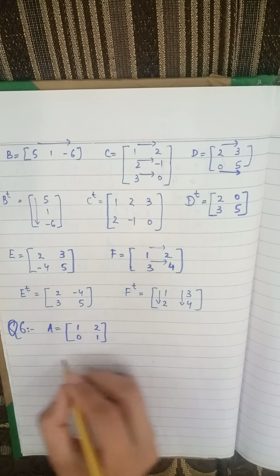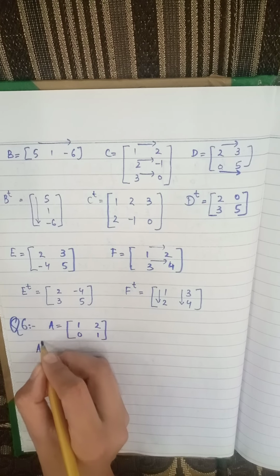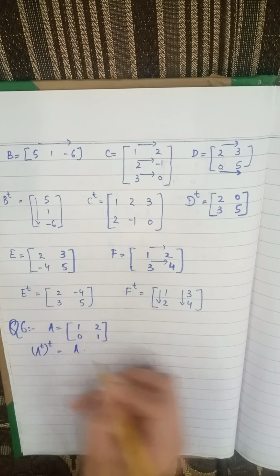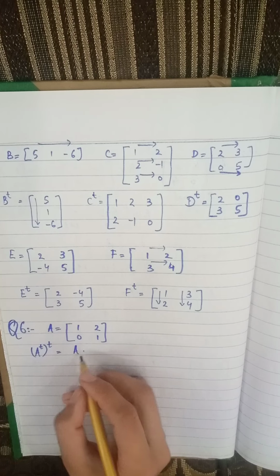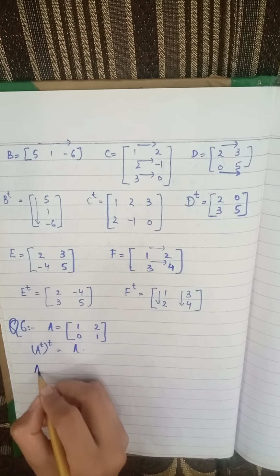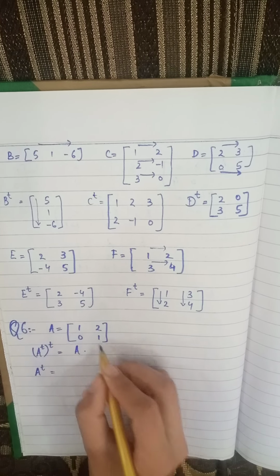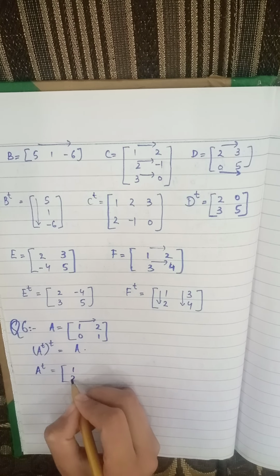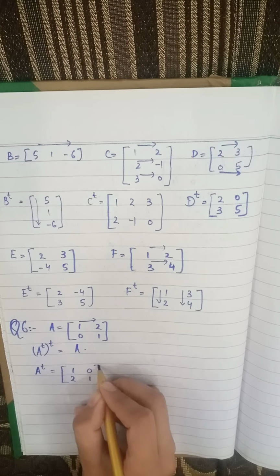And we are going to verify that (A^T)^T equals A. First, we are going to take transpose of A. The rows are going to be changed into columns.